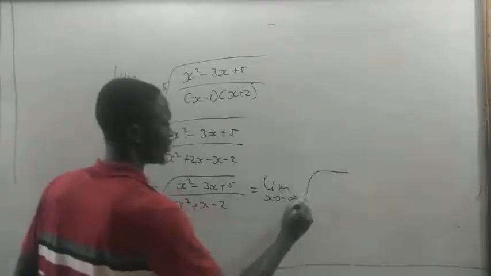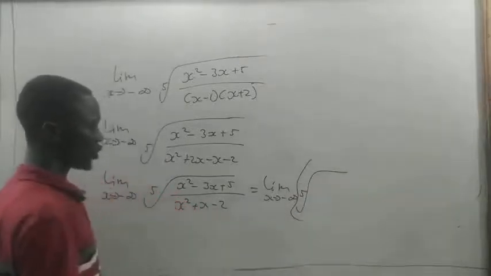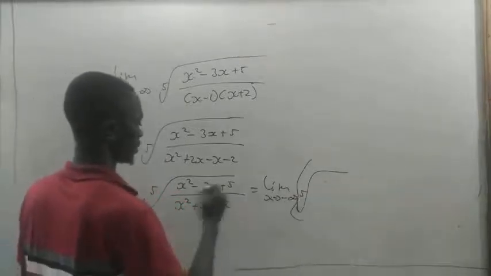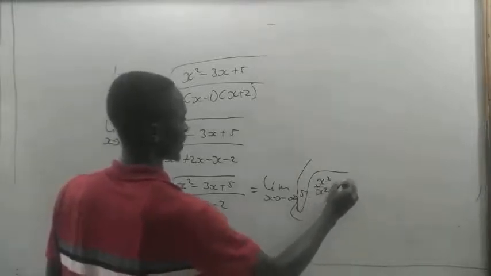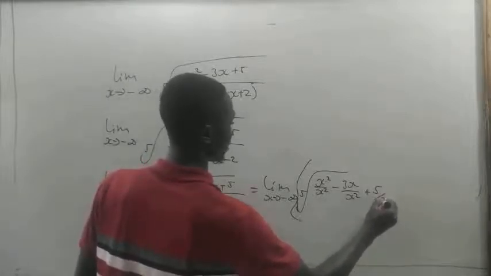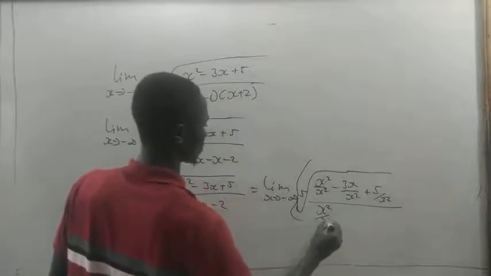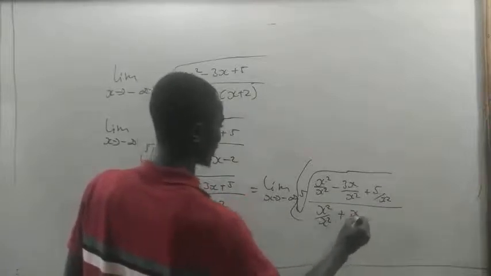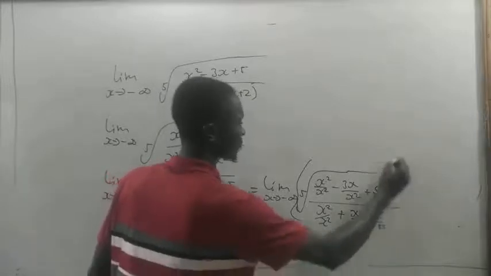We take the 5th root of x squared divided by x squared minus 3x divided by x squared plus 5 divided by x squared, all divided by x squared divided by x squared plus x divided by x squared minus 2 divided by x squared.